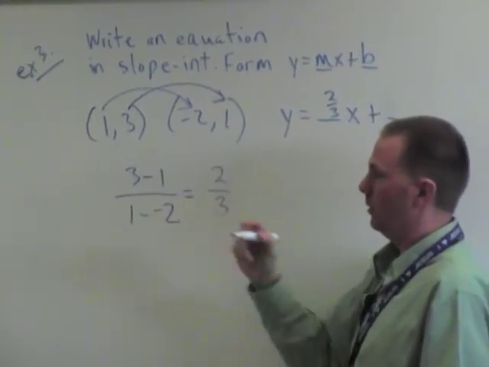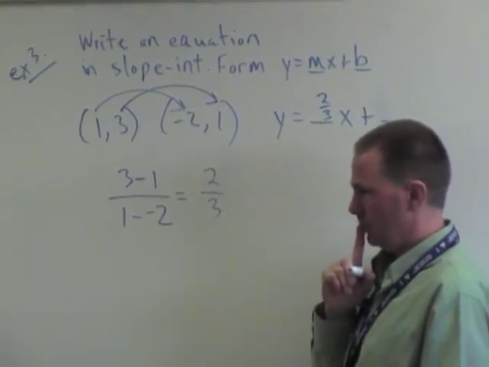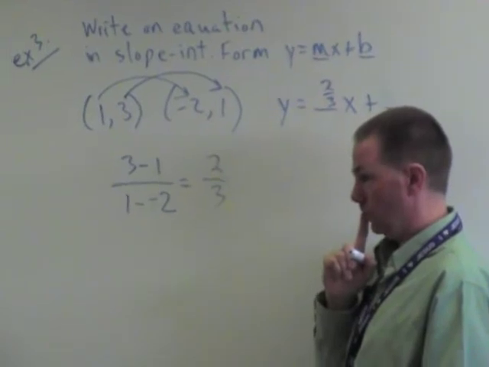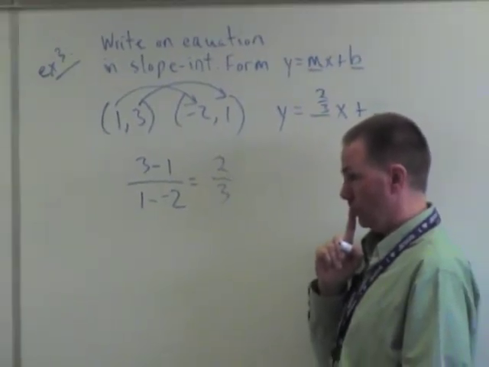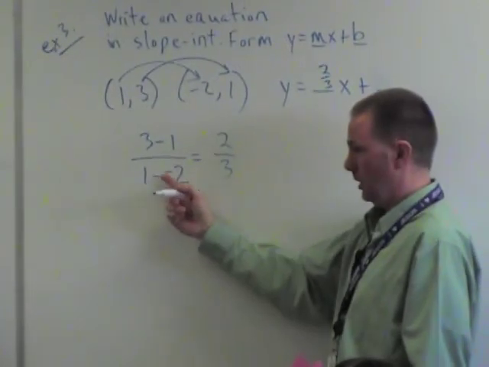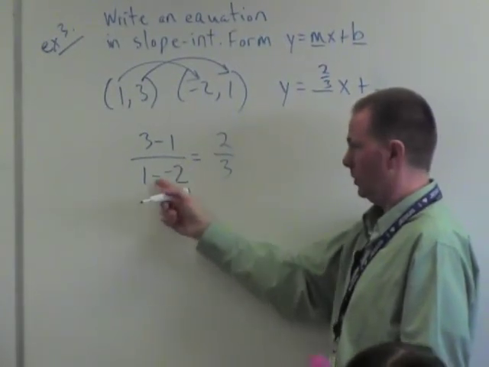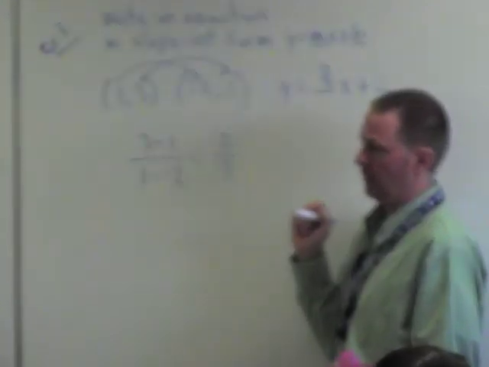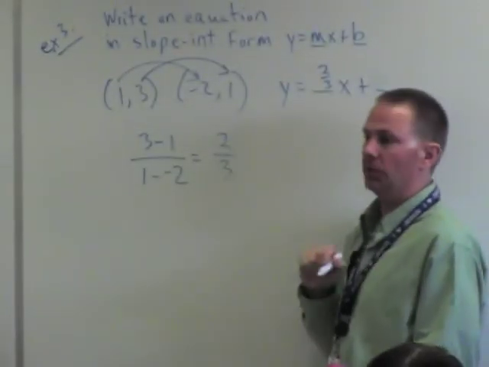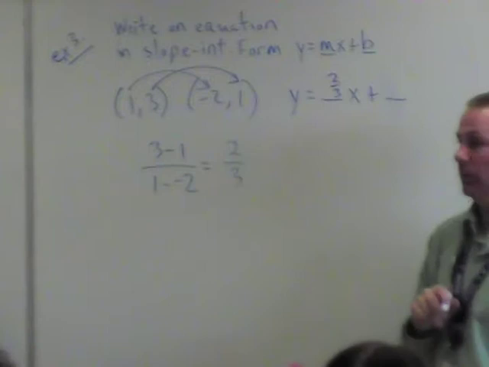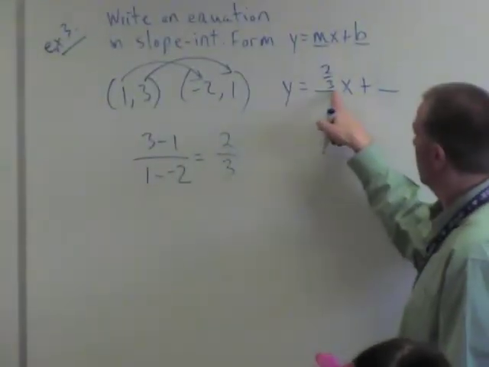Oh, I thought you made the one next to the minus plus. Well, you can't. 1 minus a -2 is 1 plus 2. Oh, 3. I just didn't write it up there. Okay? Everybody okay with 2/3? Who got 2/3 as your slope? Oh, good. Alright, so that goes in that first blank.